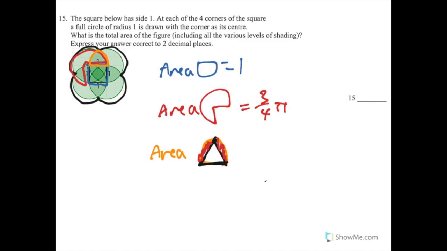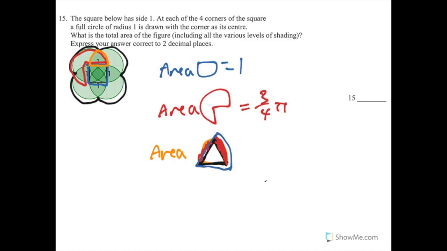Well, if we look at one of these fans, we see that the area of this slice over here is essentially the area of the fan subtracting the area of the triangle.